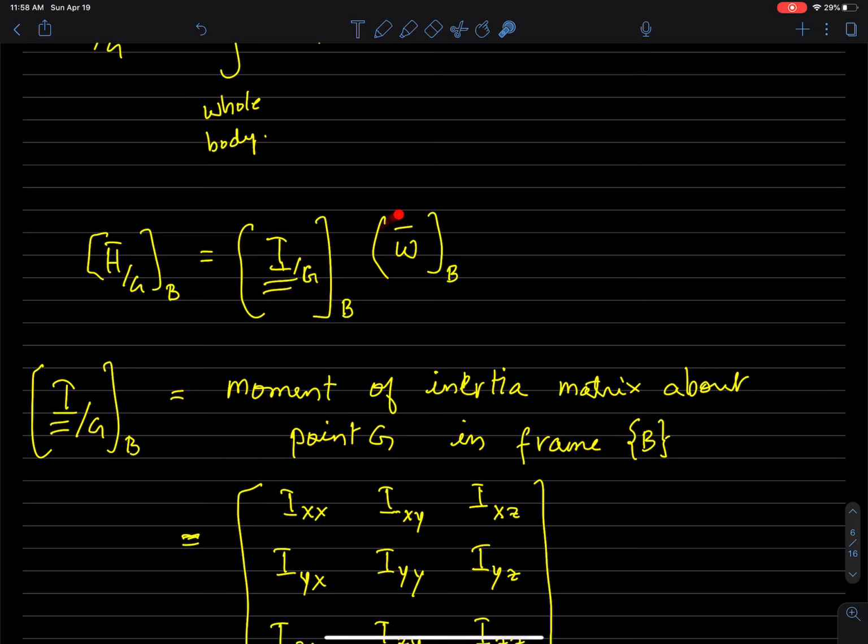So it's operating on angular velocity to give angular momentum, right? So this is a linear transformation that takes in one vector and gives another vector. In this case, they are matrices, 3 by 1 matrix, 3 by 3 matrix, 3 by 1 matrix, as represented in frame B. But more generally, it takes in one vector, omega, and gives you another vector, h, with respect to B, angular momentum with respect to B.